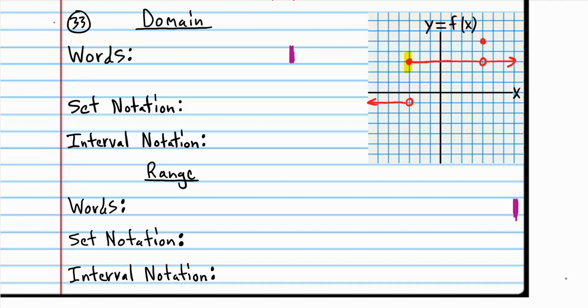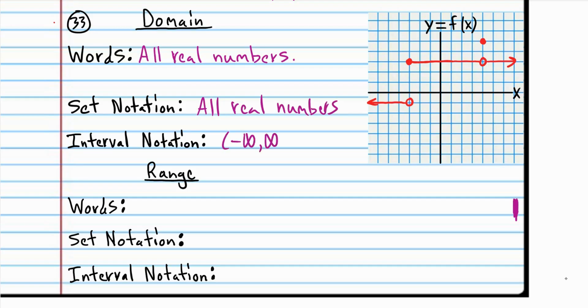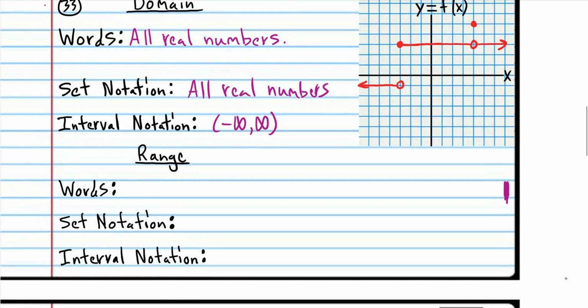So the domain is actually all real numbers, because the arrows go to the left and right, and we thought that x could not be negative 3, but it turns out there is a point where x is negative 3, and we thought that x could not be 4, but there is a point up here where x is 4. So the domain is all real numbers. And we write negative infinity, comma, infinity for set or interval notation.